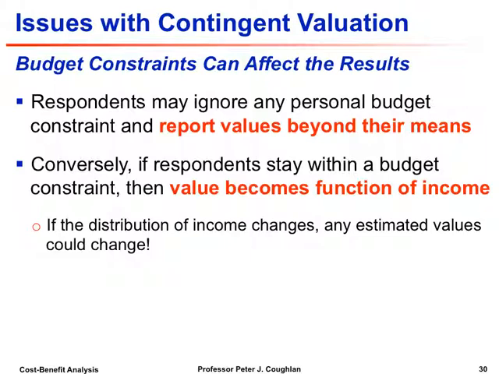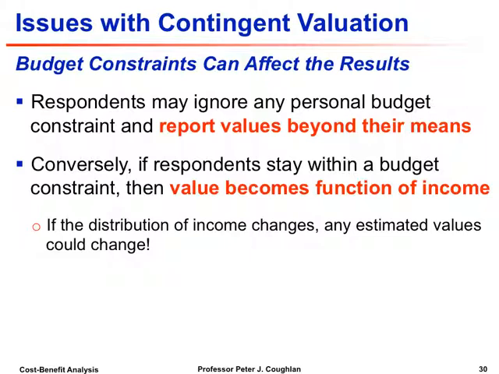That certainly is different from market valuation, because in the market you'll never pay beyond what you could possibly pay, and borrow. On the other hand, if you don't ignore your budget constraint and instead try to stay within it, then something might be worth a lot more to you, but because of your budget constraint, you report a lower value.